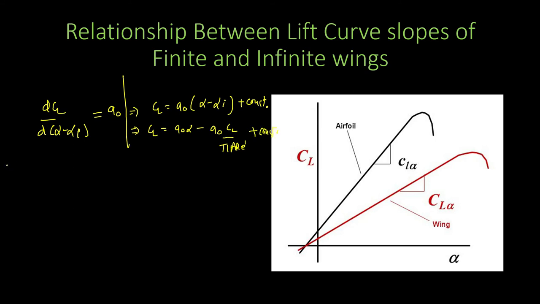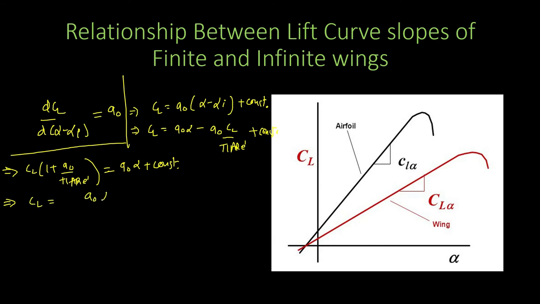If we separate CL terms, we can say that CL into (1 plus a naught upon pi AR e dash) is equal to a naught alpha plus constant. This may also be written as CL is equal to a naught alpha upon (1 plus a naught upon pi AR e dash) plus constant upon (1 plus a naught by pi AR e dash).